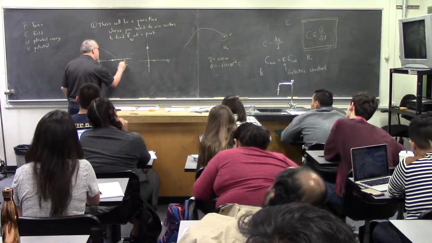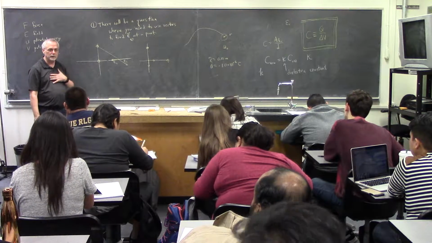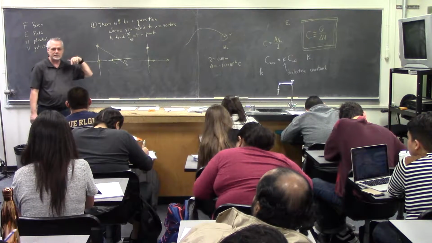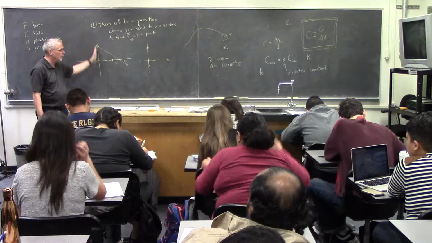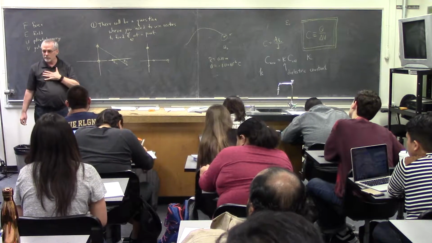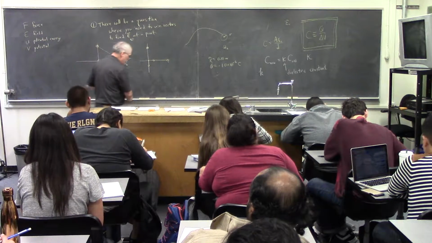You have an E1 and an E2. Know how to add those together to get a final electric field. I could ask that for any point, anywhere, but as long as I put it on the x-axis, it makes the math a little simpler. And that's what I would tend to do, either on the y-axis or on the x-axis, right? Is that clear with what I'm saying here? So I'd say, yes, that's one of the ones you want to be able to do.